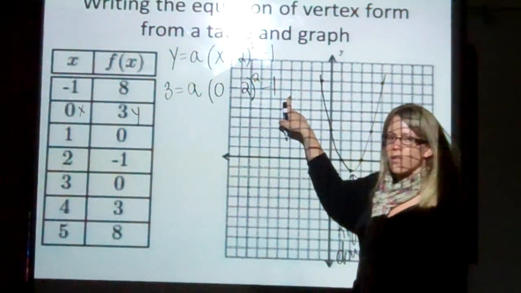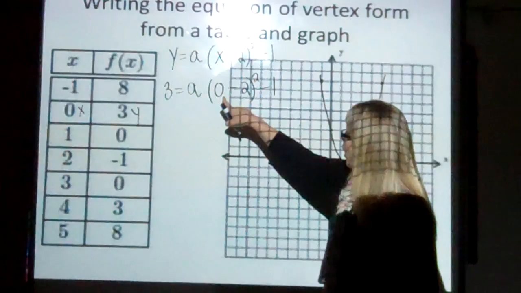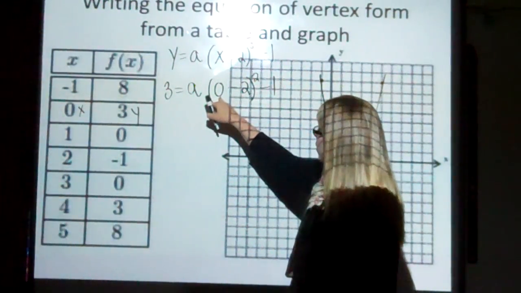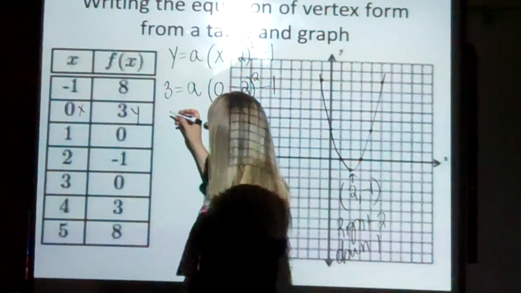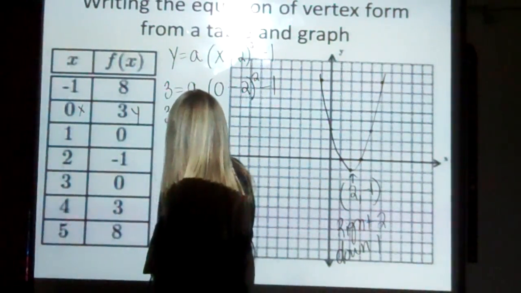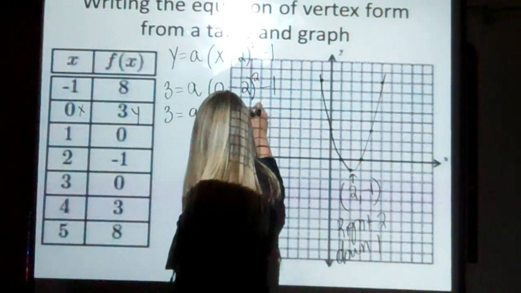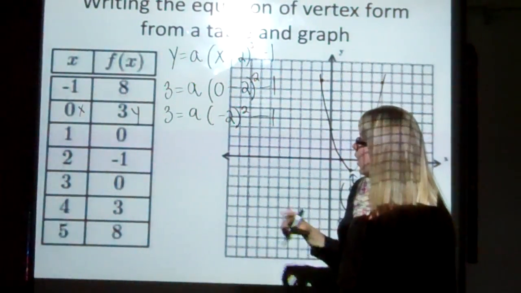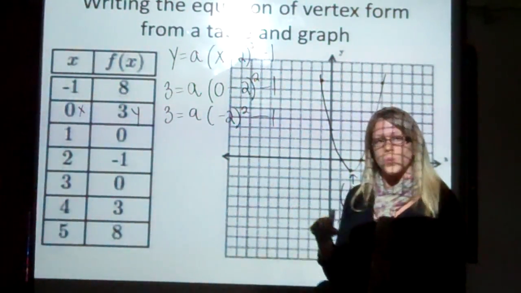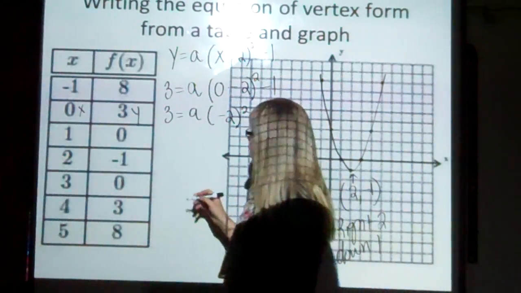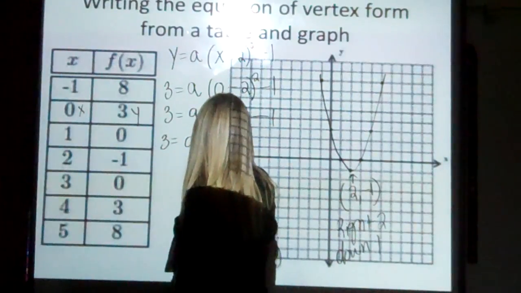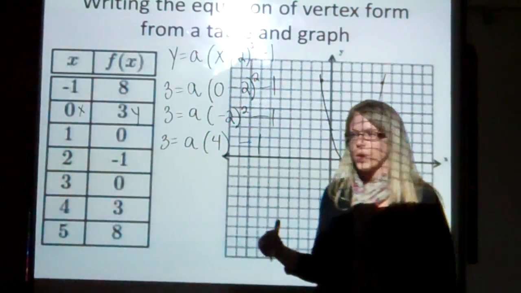And so now we have an equation that we can solve. Well, order of operations says that we do inside of parentheses first. 0 minus 2 is -2. And then order of operations says that we do exponents next, so we square the -2, and when we square -2 we get +4. And then this is an equation that we can solve.